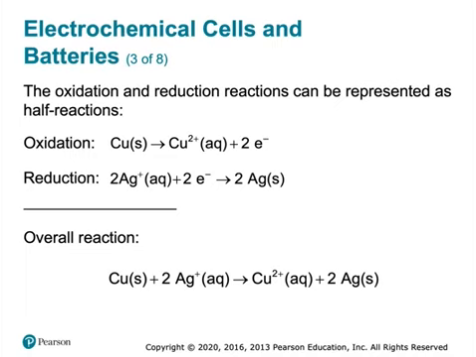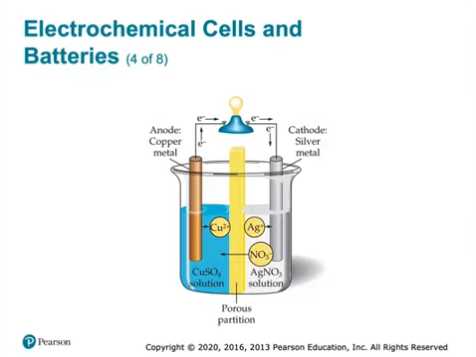So here's the balanced chemical equation. It may look confusing because you're like, why can't I just get rid of the silvers on both sides and put copper plus silver makes copper plus silver? Why do I have copper plus 2 silvers? It's because of the electrons. Because the oxidation is generating 2 electrons and the reduction is only absorbing 1 electron, you have to double it.